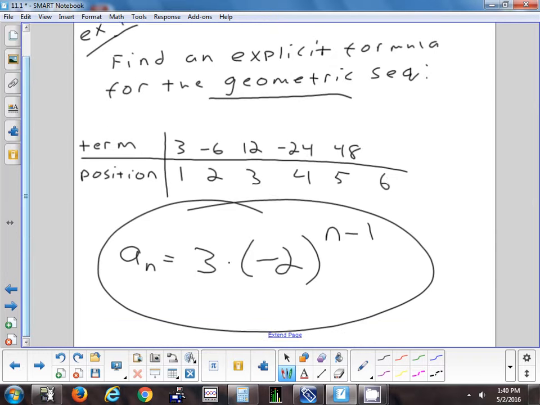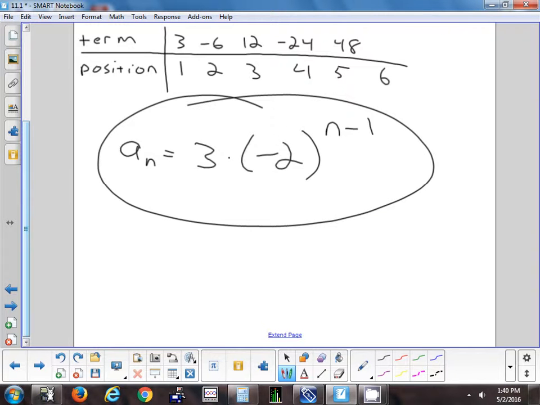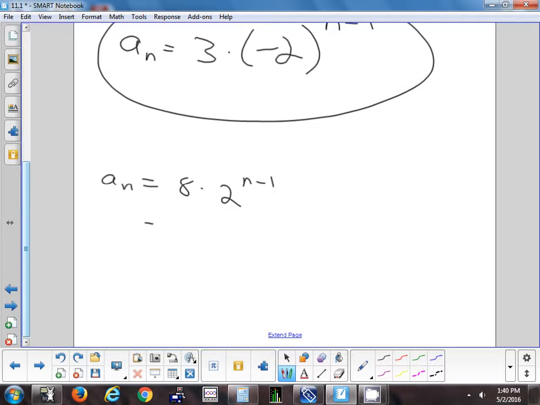But let's say you had something like this. Okay, this is totally separate, nothing to do with this problem. 8 times 2 to the n minus 1. What could you do to simplify that? Yep. 2 cubed times 2 to the n minus 1.